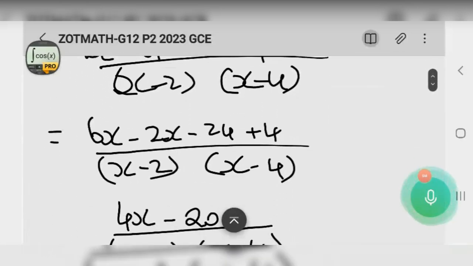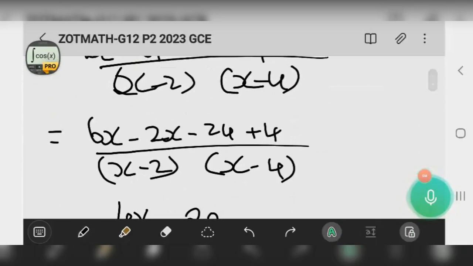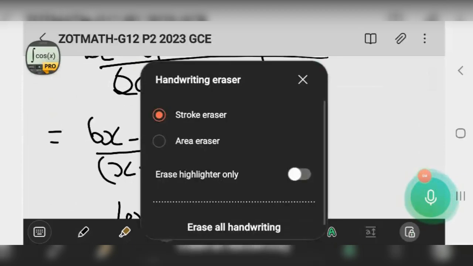All right, so what I'm going to do is let me just rub everything and use this same space here.